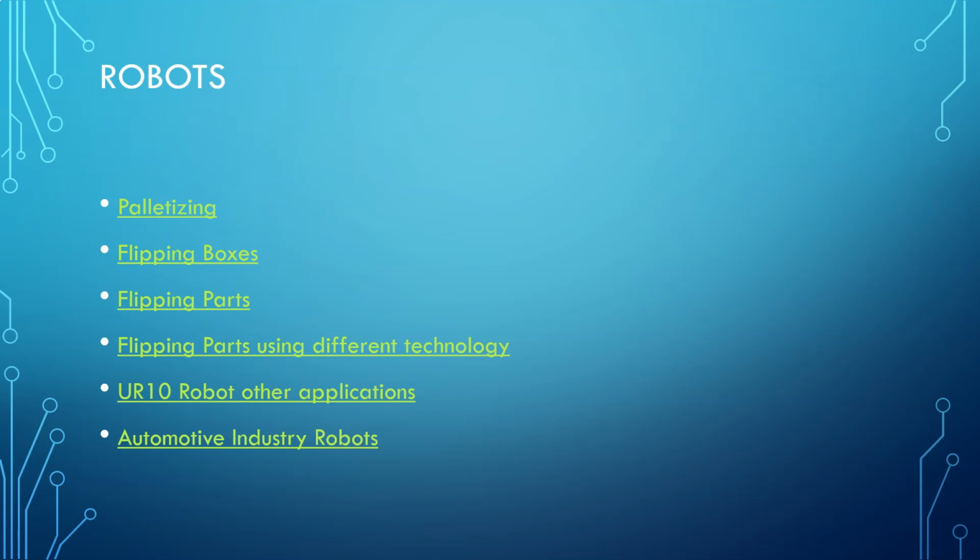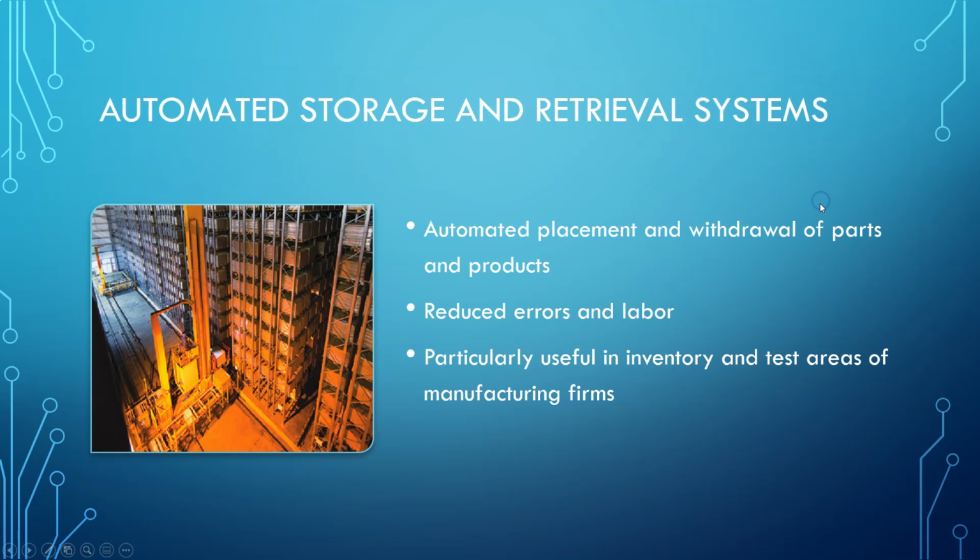They have 3, 5, and 10. It depends on the size of the robot that you are going to use and the space for it. And we have also the automotive industry robots. So look at these videos, and you will see how each one of these robots is being used in manufacturing or production.